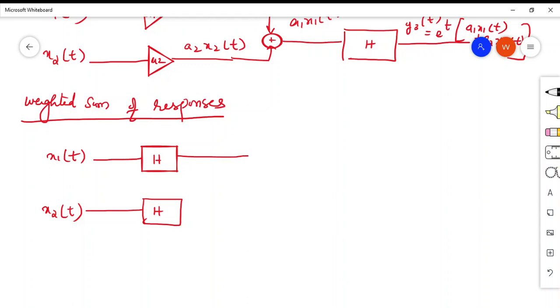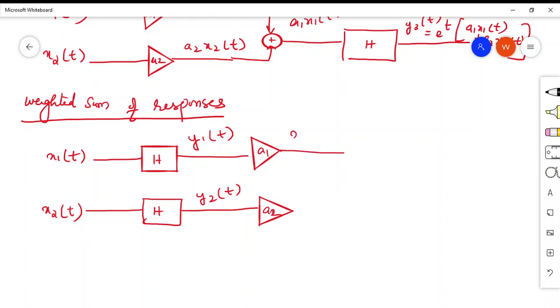Here you will get y1 of t, and here you will get y2 of t. Then you multiply with the constant a1, and here it is a2. So now it is a1 y1 of t, and here it is a2 y2 of t. Now you have to add them.